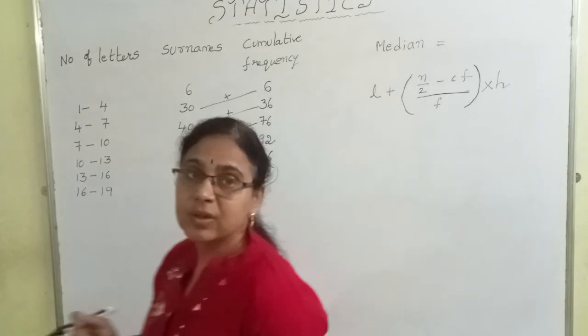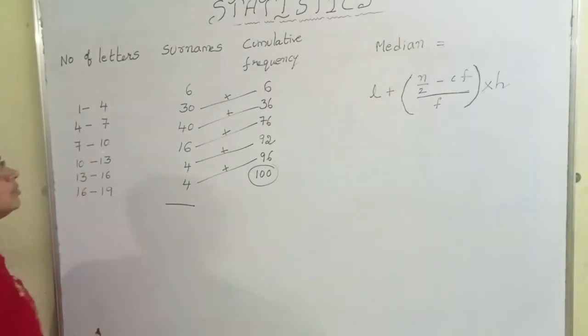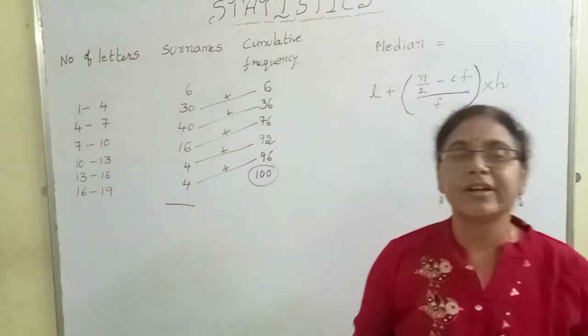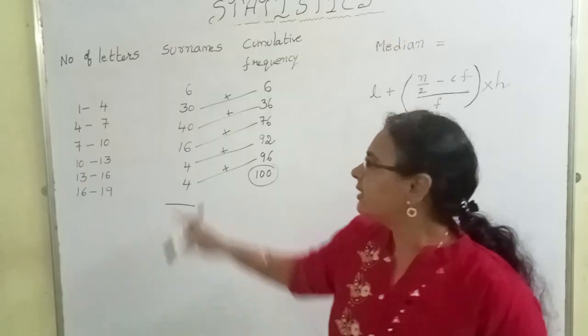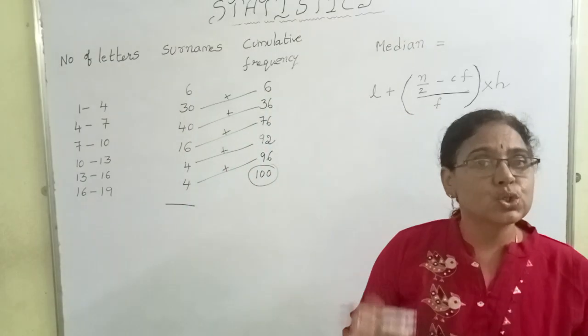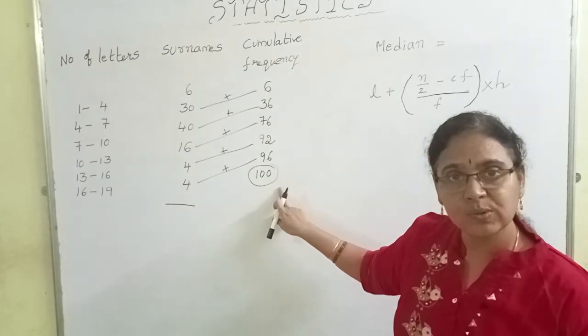Okay, here we got the last number as 100. By adding the frequencies also we will get 100. We have to get 100. If we did not get 100, it means somewhere you made a mistake, either in this addition or this addition. Surely you have to get 100. Here the last number, how much will you get?